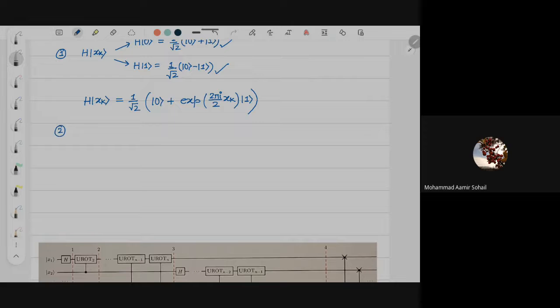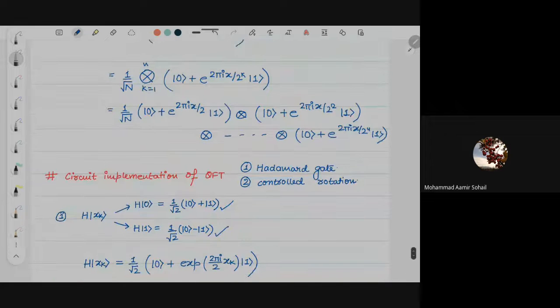Now we'll see how the rotation operator works here. So we have this unitary, which is a unitary rotation, and we are also indexing it with k, because here we have this k kind of dependency.